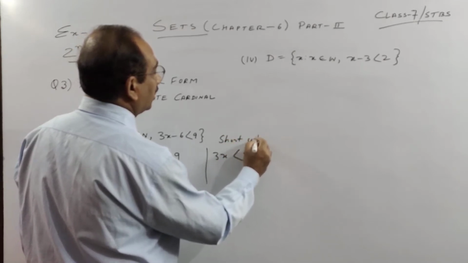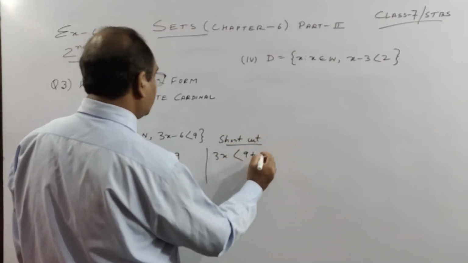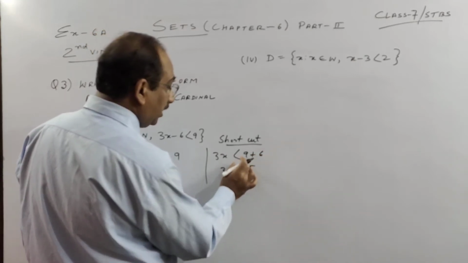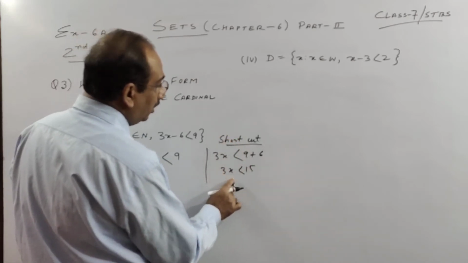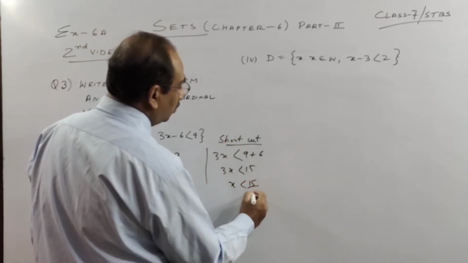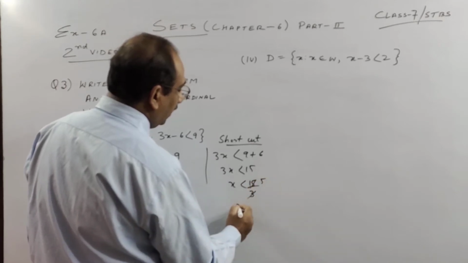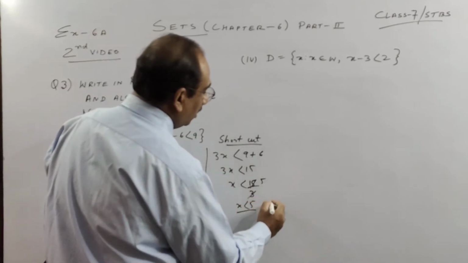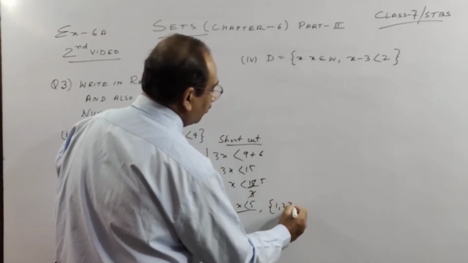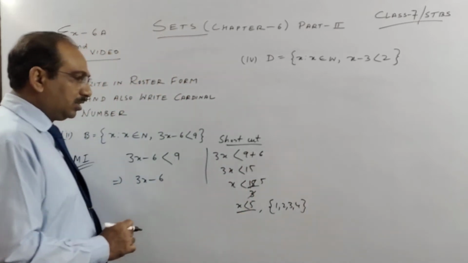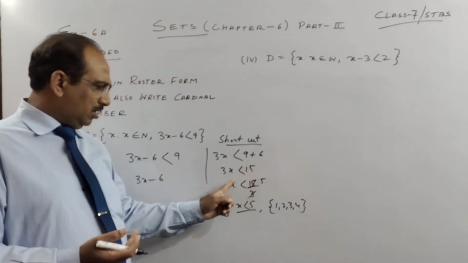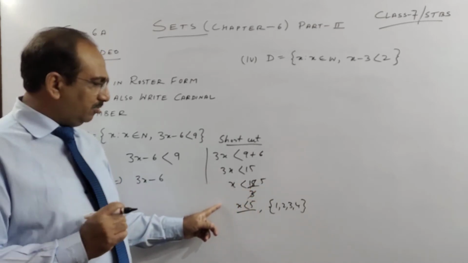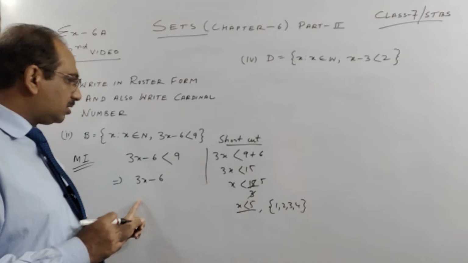This is not mathematically very right. 9 plus 6, 3x is less than 15. Then 3 goes down, so you get x is less than 5, and x is a natural number. So what do you get, children? 1, 2, 3, 4. This shortcut method, where minus becomes plus like in an equation and 3 goes down, I won't say is wrong for your level, but there is a mathematically better way.